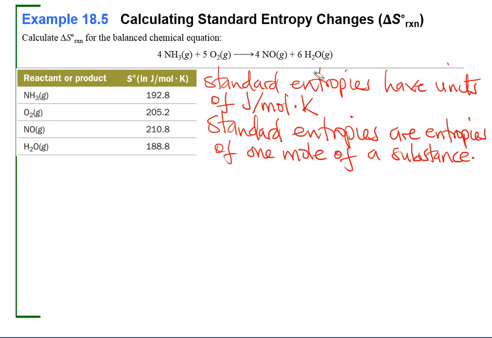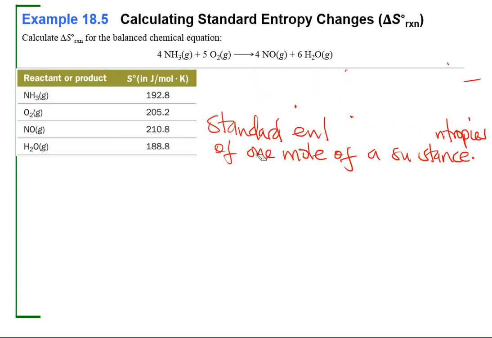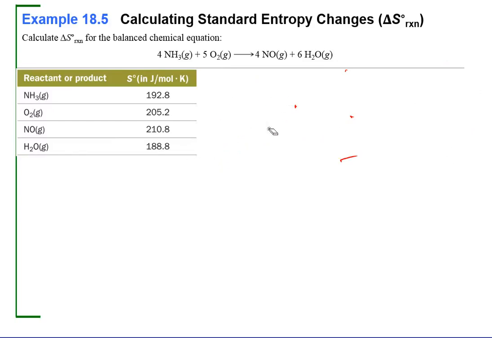I'm going to get rid of this. I hope you have written it down so that I can write some more here. So normally if you are solving a problem like this one, you'll be given a problem: calculate the delta S, the change in the standard entropy for the balanced chemical equation.